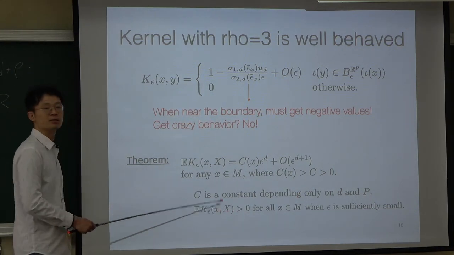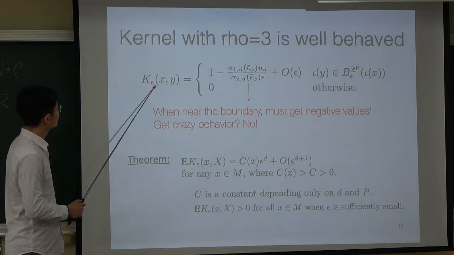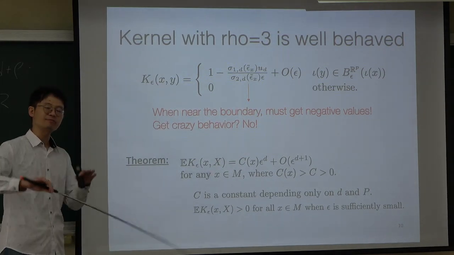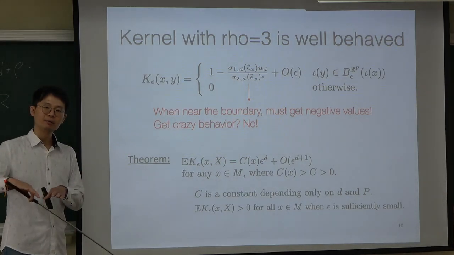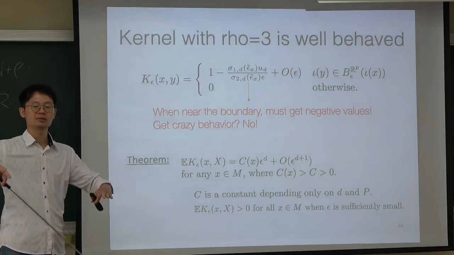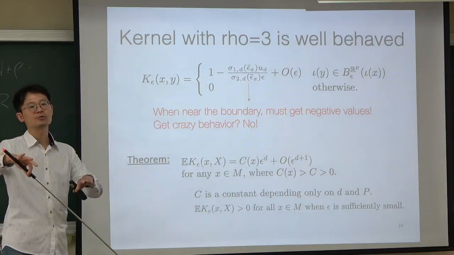So although the kernel may fluctuate near the boundary, the expectation is always positive. It doesn't really go crazy.